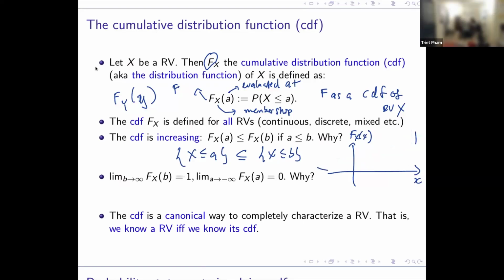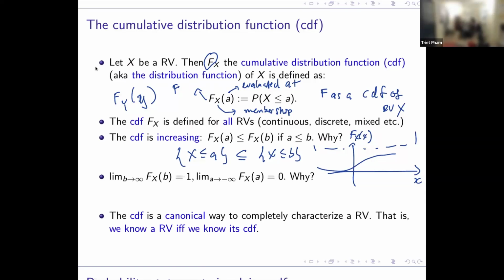It cannot go above 1 and it cannot go below 0. Is that obvious? Yes, it is. Reason? Because the CDF value is a probability, so it must be between 0 and 1. So it's increasing between 0 and 1.